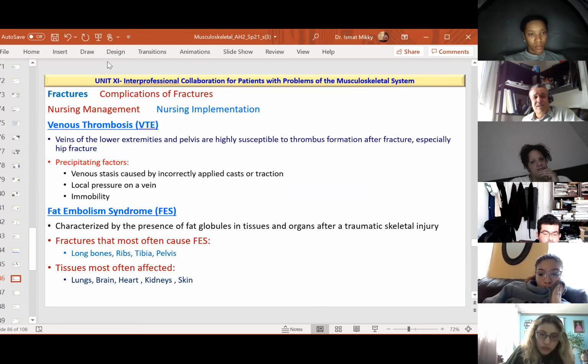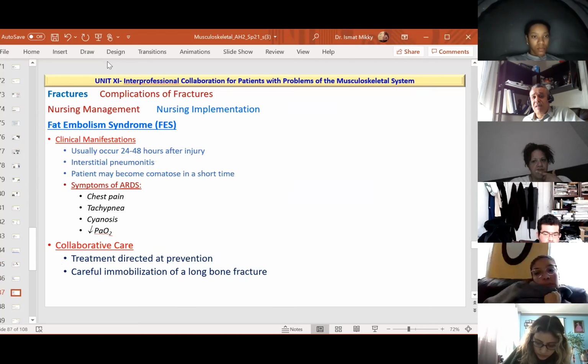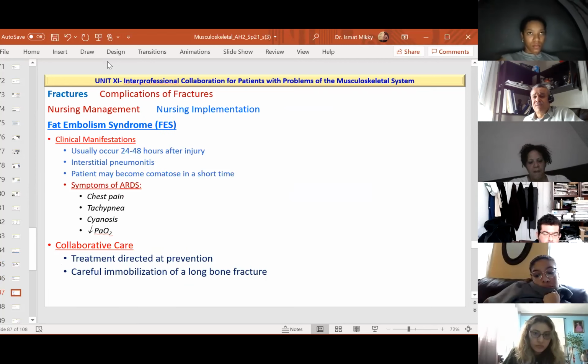Then other expected complications post-op of a fractured bone are VTE, which is thromboembolism, and fat embolism. Patients with fat embolism experience symptoms very similar to a patient with ARDS, acute respiratory distress syndrome: chest pain, tachypnea, cyanosis, decreased PaO2.